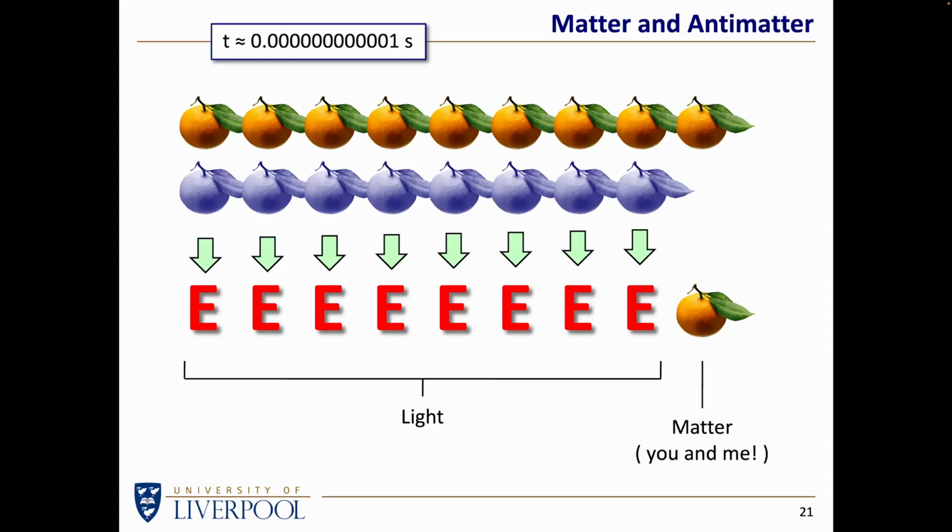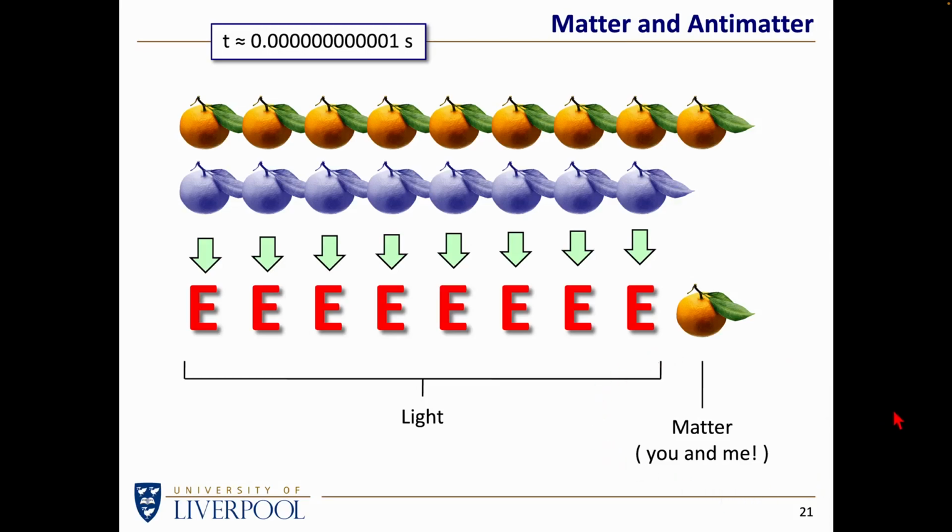I've indicated here that the matter-antimatter excess was something like 10% in these icons I put on the screen. But actually the imbalance wasn't 1 part in 10. It was actually about 1 part in 1 billion. So in other words, we live in a universe in which there are something like 1 billion photons of light for every particle of matter.